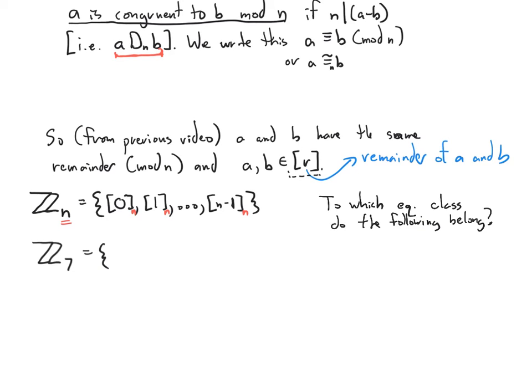So let's do 10, negative 11, negative 1, 23, 704, and negative 596. So pause the video, give this a go.